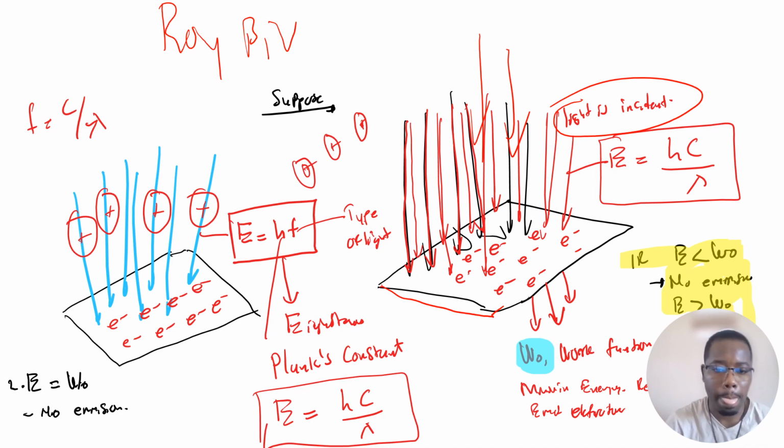We will see. The energy in that incident light is calculated by Planck's constant multiplied by the speed of light, divided by the wavelength.